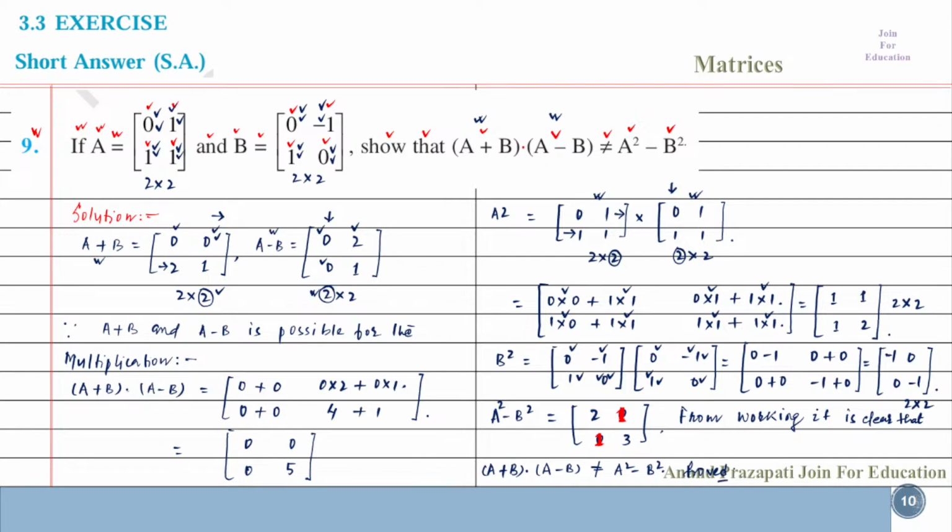Of that there is no problem to understand the solution of question number 9.